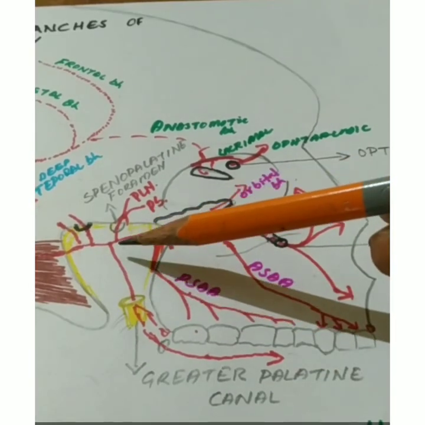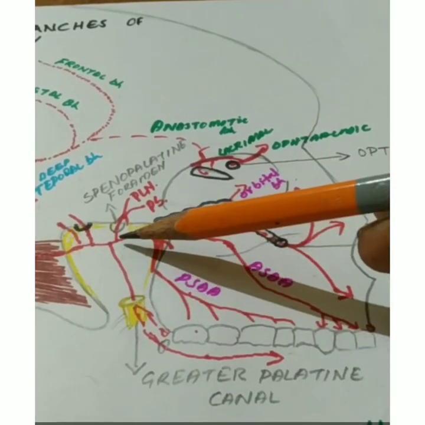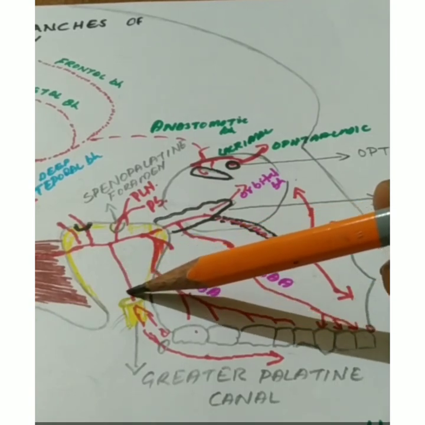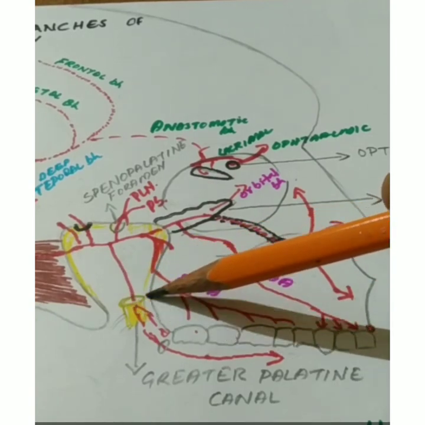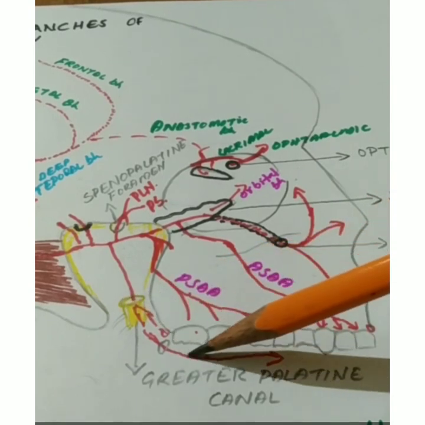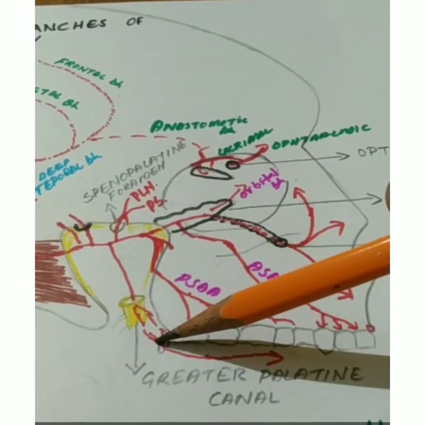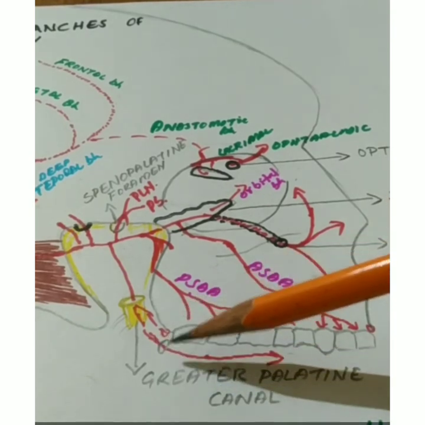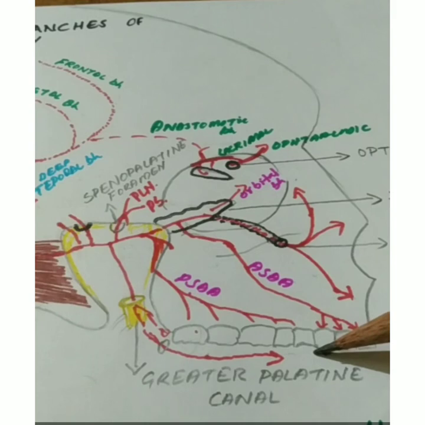The next branch is the greater palatine artery. The greater palatine artery runs downward in the greater palatine canal, and it emerges on the posterolateral part of the hard palate through the greater palatine foramen, and it runs along the lateral margin of the palate to enter the incisive canal.